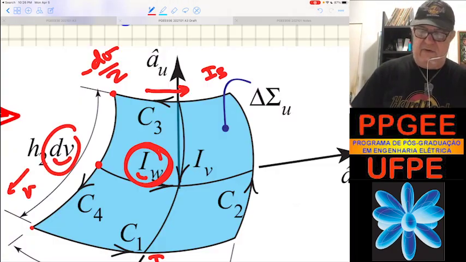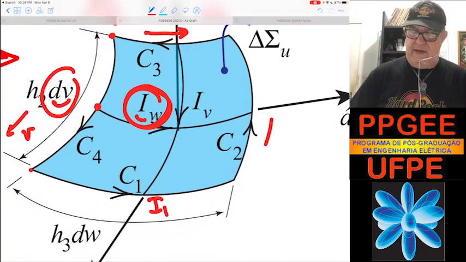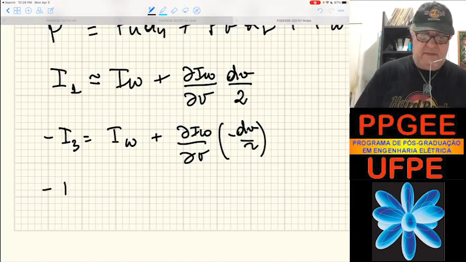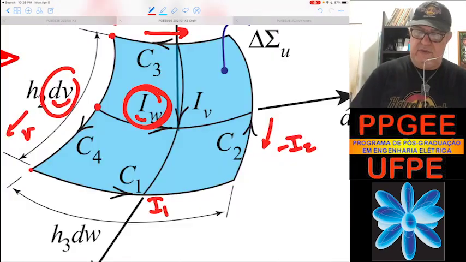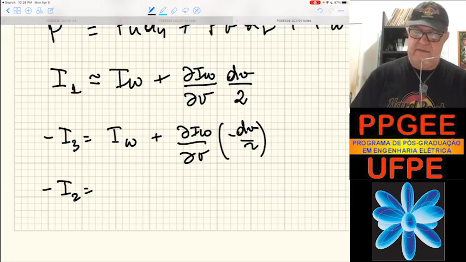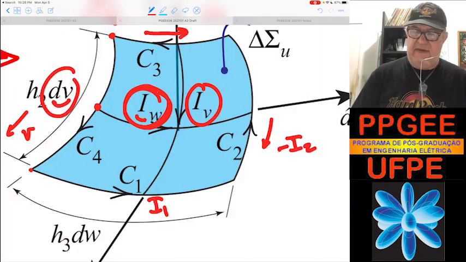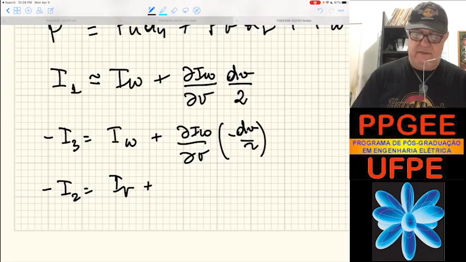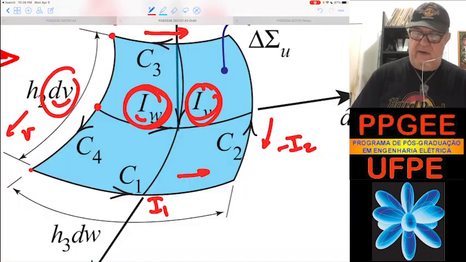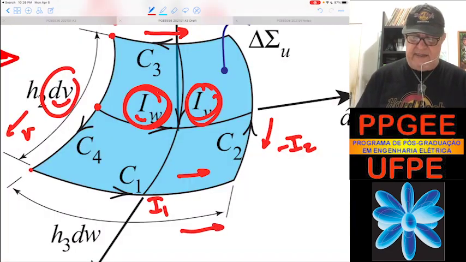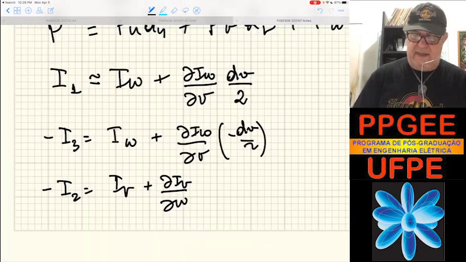Same thing if I go here now: minus I2 equals IV plus the derivative of IV relative to this coordinate, which is the third one. And now here W is increasing, so the increase is dW over 2.